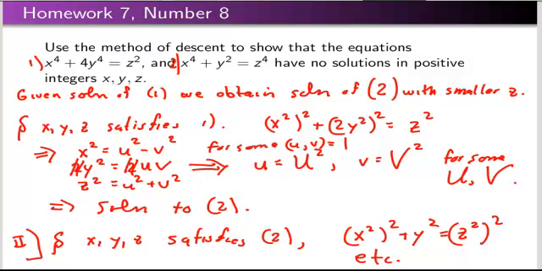And so x squared is this, y is 2uv, and z squared is u squared plus v squared. And so you should be able to proceed to obtain a solution of 1. And that will do the trick.